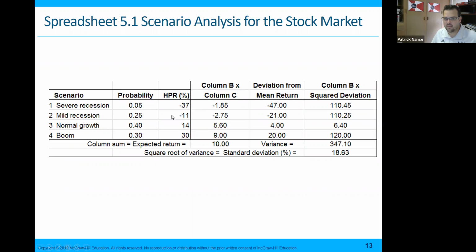This one's 0.25 times negative 11, and find our expected return. And then we can find our deviation from that return, and then we can square and find our variance, and take the square root to find our standard deviation from the variance. So the variance, if we take the square root of that, we can find the deviation here of 18.63.